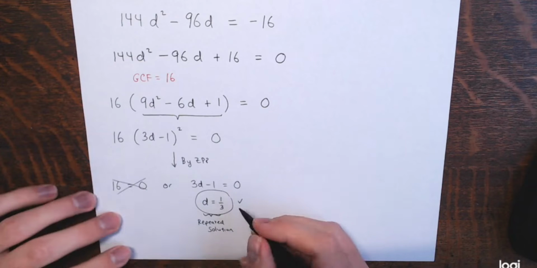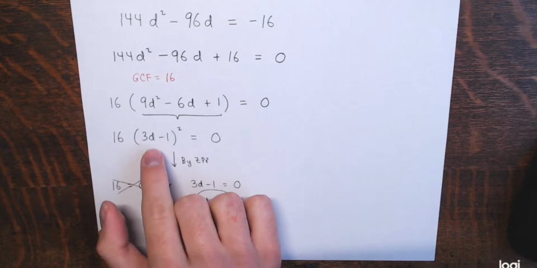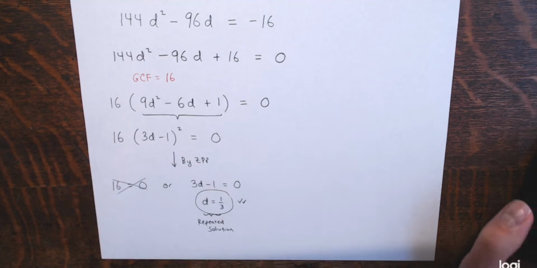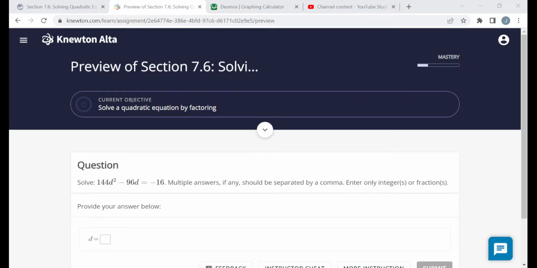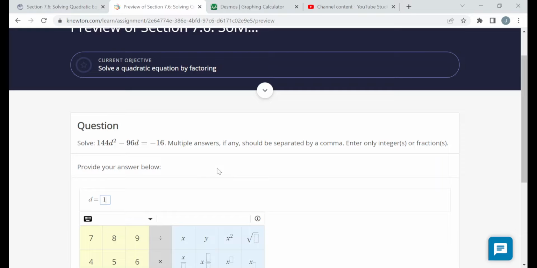This totally works. Right? And that, again, is the only solution. Sometimes people would say it's a solution twice, because there are 2 factors of it, but it's still just one number. The only solution here is 1/3.